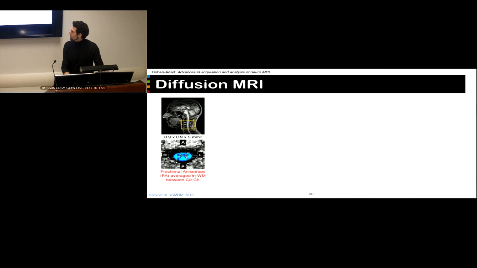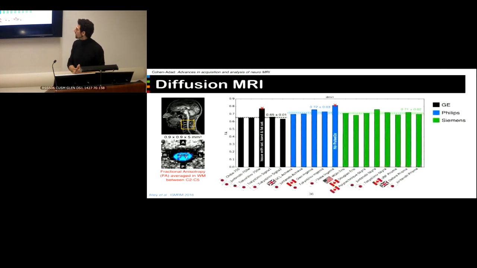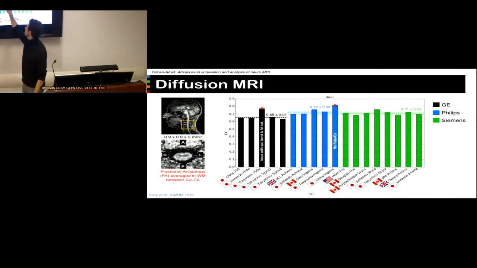For diffusion MRI, we calculated the fractional anisotropy within the white matter at C2 to C5 vertebral levels. And again, the coefficient of variation was less than 2.5%. Fairly good reproducibility within and also across vendors. You can see some red cross from time to time.